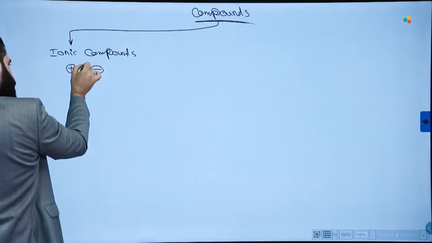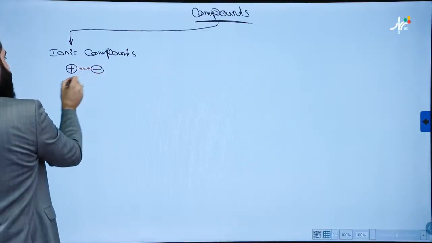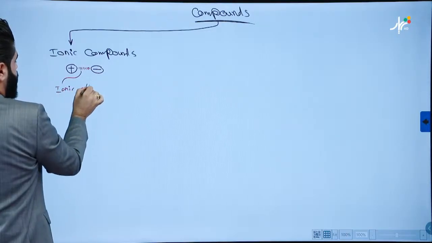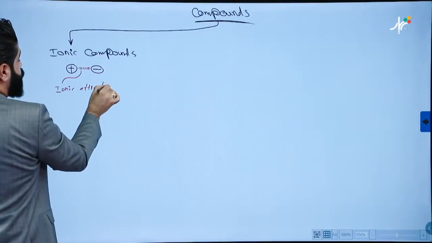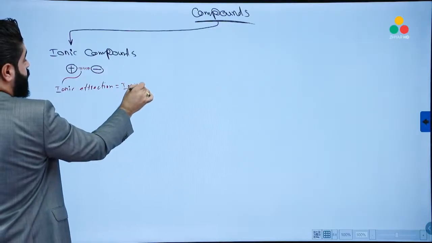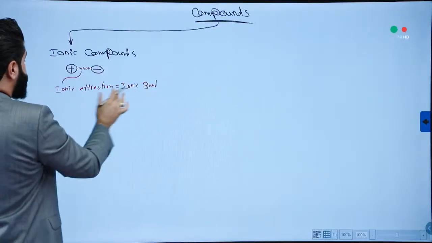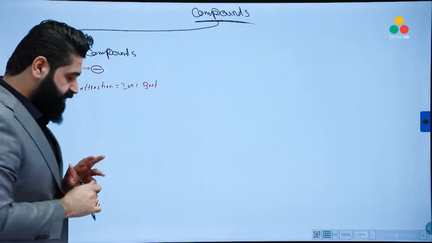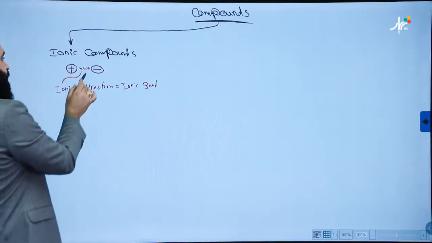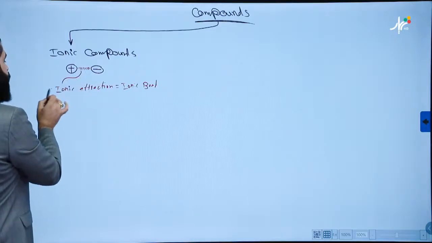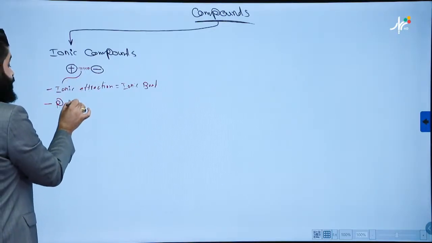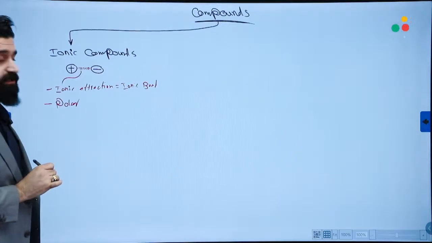Ionic attraction means ionic bond. So both names are the same. It's between the ions. Because we have positive and negative poles, the ionic compound must be polar also, which is a water-soluble compound.